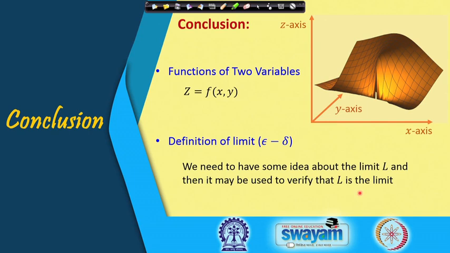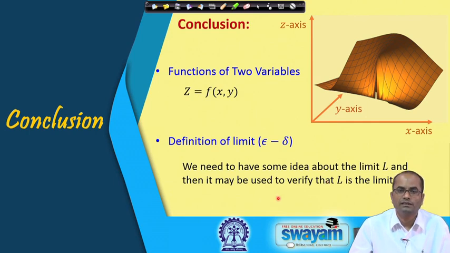We used to get the limit from the right side and from the left side, and if they both are equal, we say that the limit exists. But now in this case, since you can approach a particular point from several directions, it is not possible to get just the limit along some path, because there are infinitely many paths involved in this limiting process.